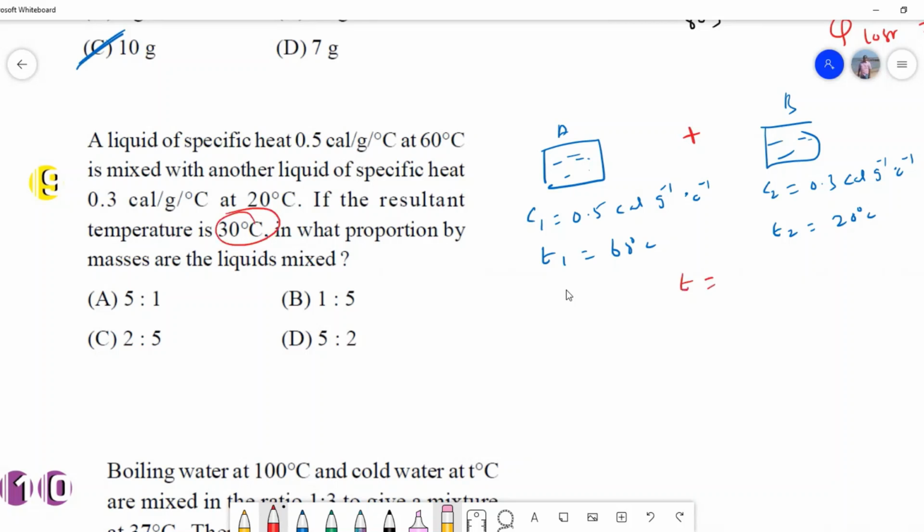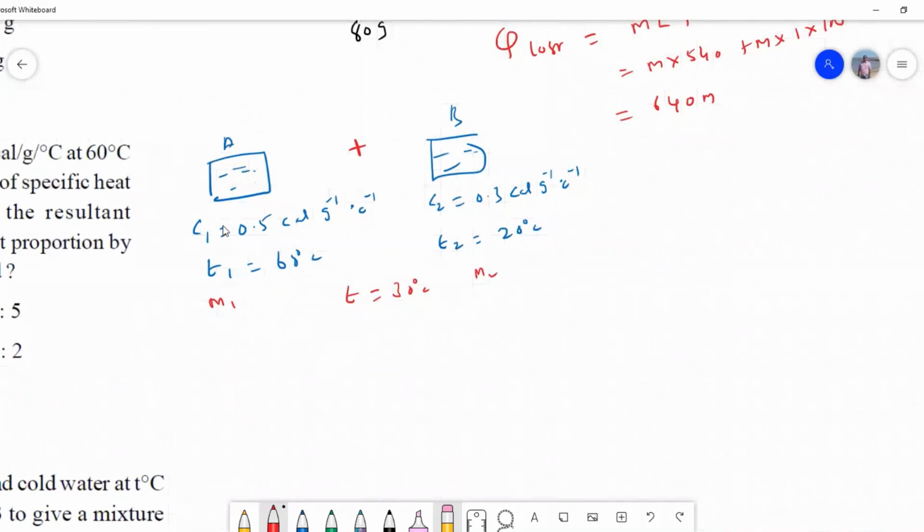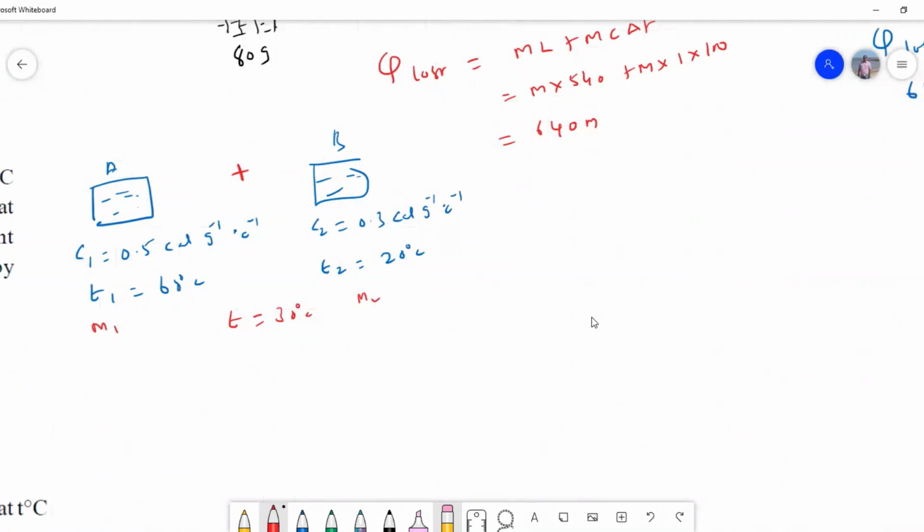So T is equal to 30 degrees centigrade. Then in what proportion by masses are they mixed? That means the M1 to M2 ratio is asked. And it is very clear that A is at higher temperature, B is at lower temperature.